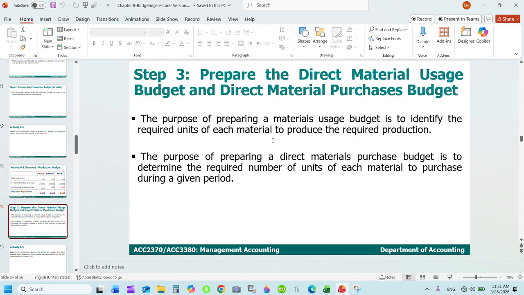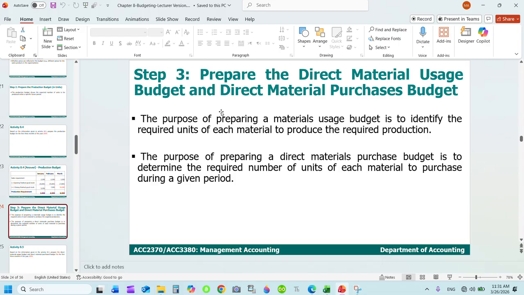For you to produce your goods, for you to meet your production budget, you need to have sufficient raw material purchase, right? So accordingly, based on your production budget, we can decide what is the material usage requirement.